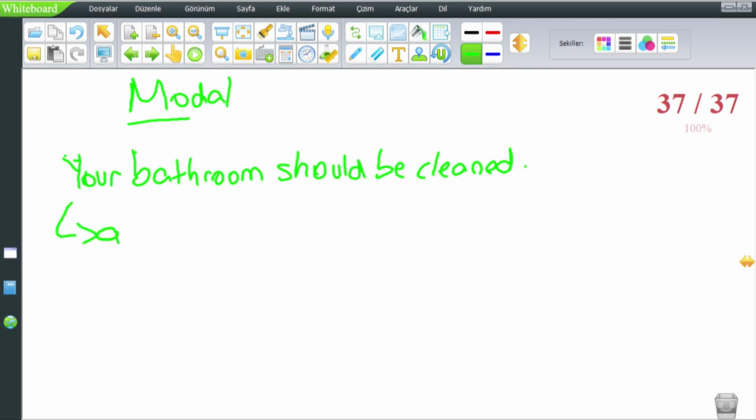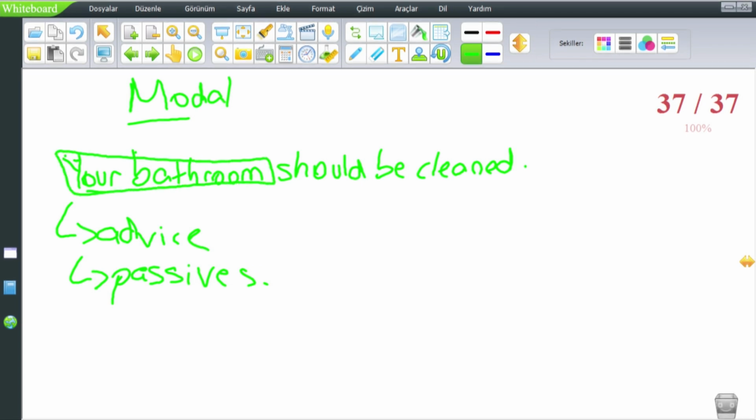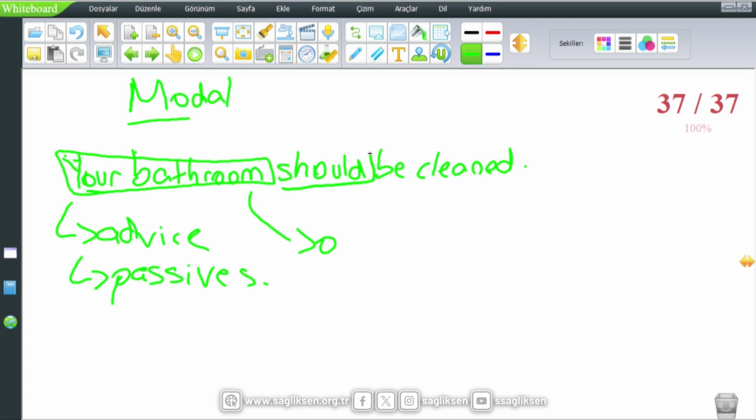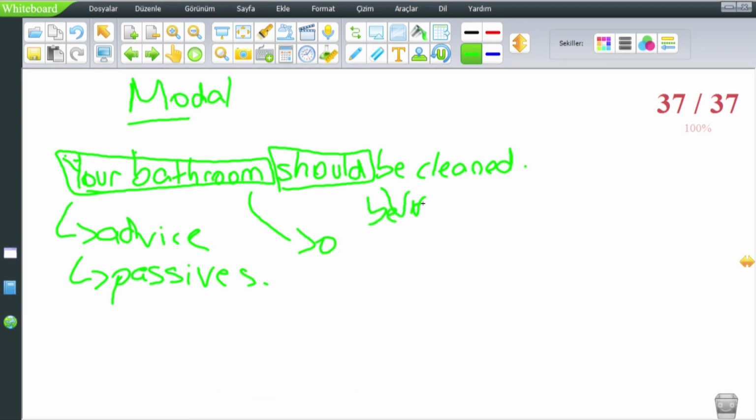This is an advice, suggestion, also a passive sentence. Your bathroom is my object, and I have my modal verb after it and my be verb 3 form after that.